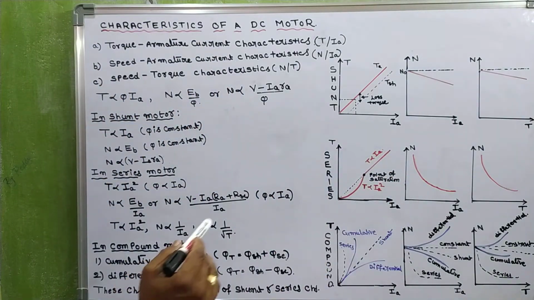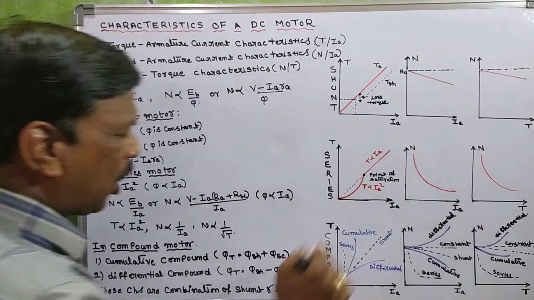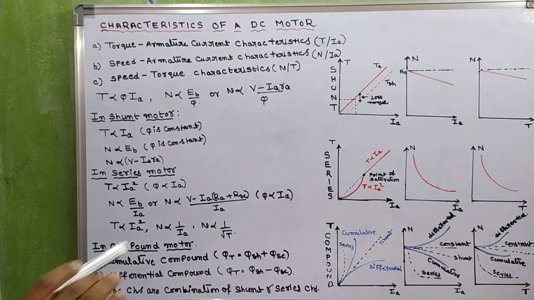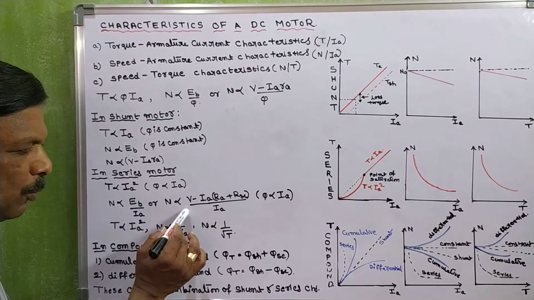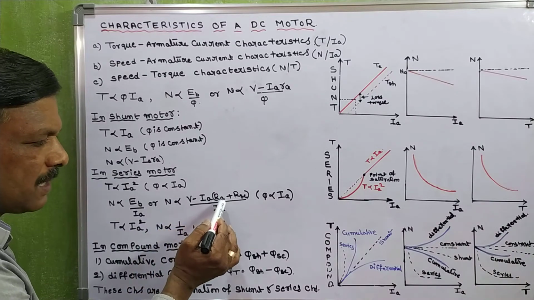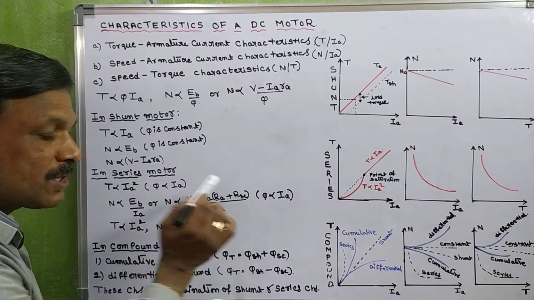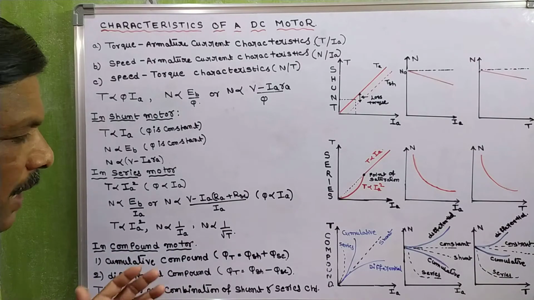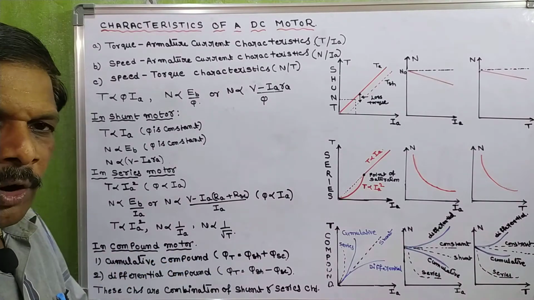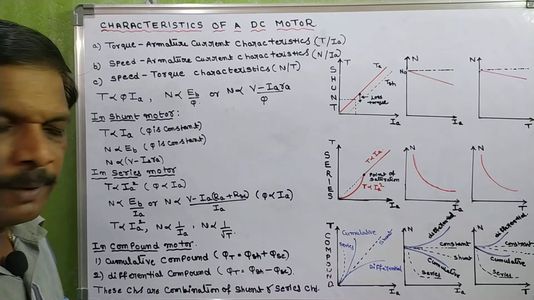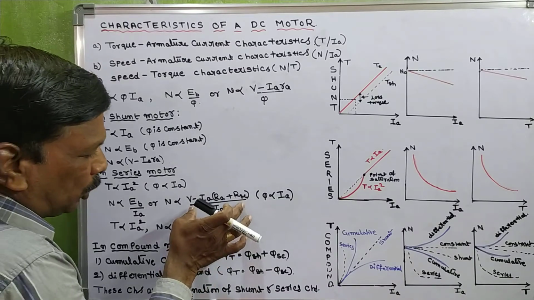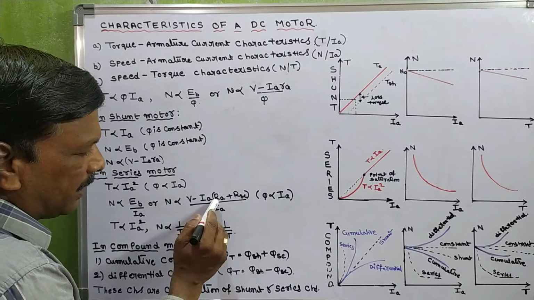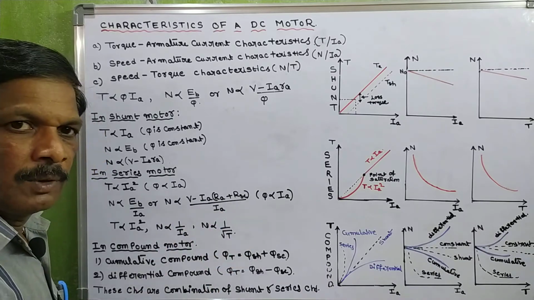And coming to the speed versus armature current characteristic. Here speed is proportional to V minus Ia into RA plus RSC. In series motor we have two drops, the Ia RA drop and the Ia RSC drop. So the drop is Ia into RA plus RSC.